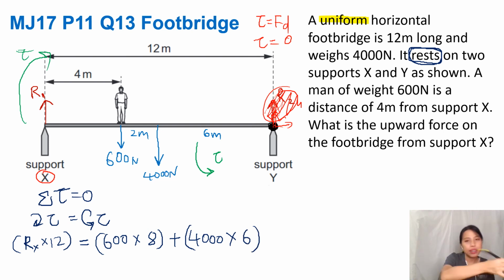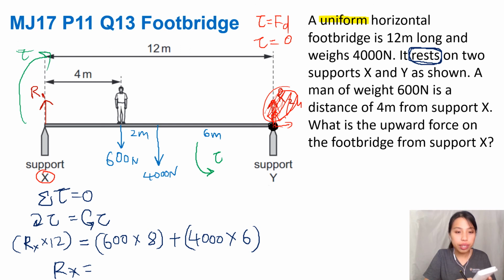Now we have an equation of torque where you can find your support at X, which we call Rx in this case, reaction force at X. So calculate. What's the reaction force at X? We have 600 times 8 plus 4,000 times 6, divided by 12. 2,400 newtons.